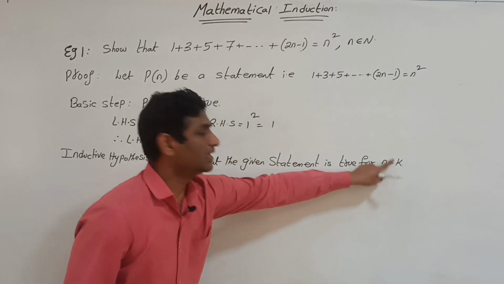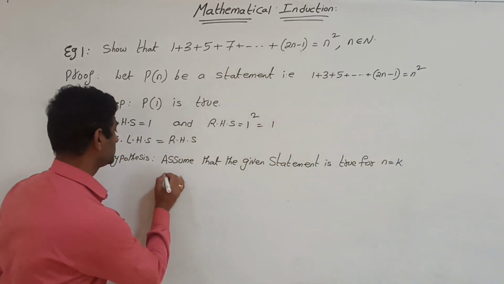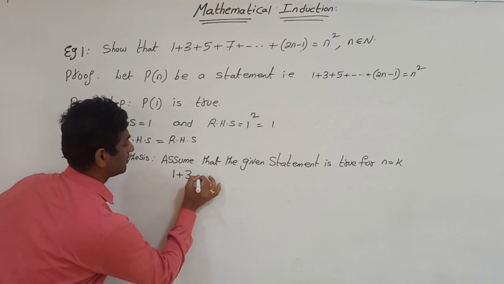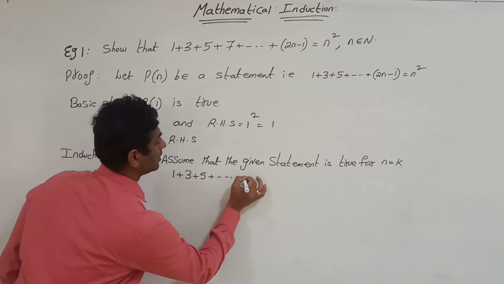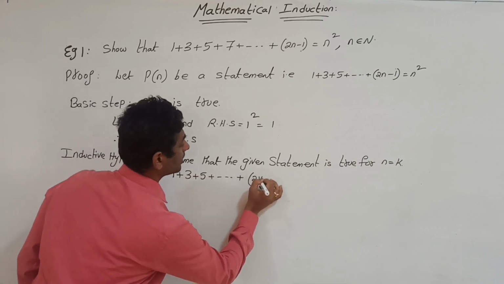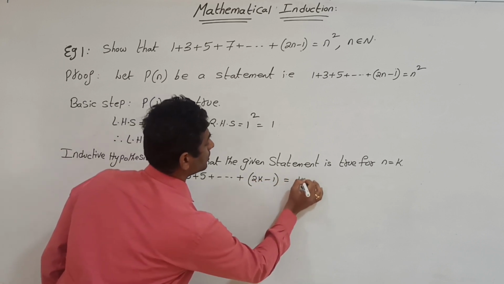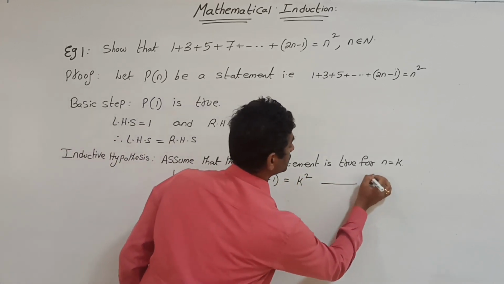If you put n is equal to k in this statement, what happens? 1 plus 3 plus 5 plus so on plus 2k minus 1 is equal to k square. Assume that this is equation 1.